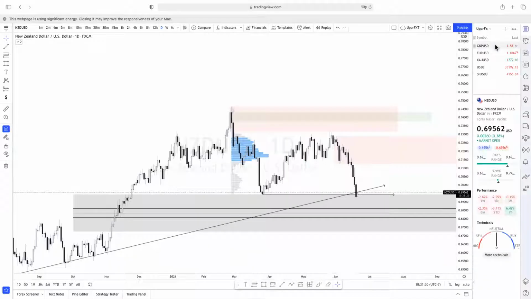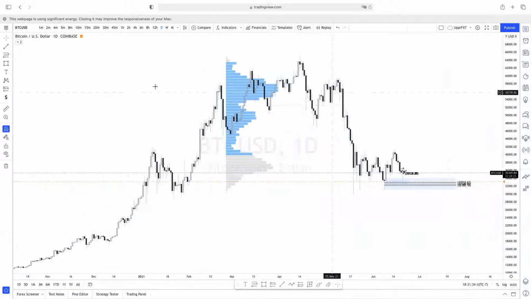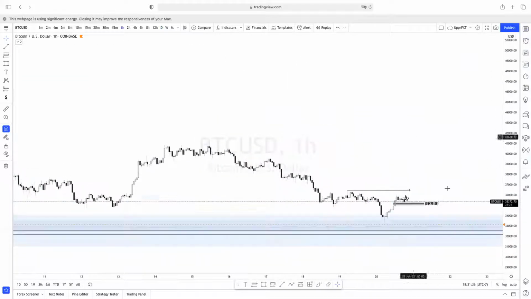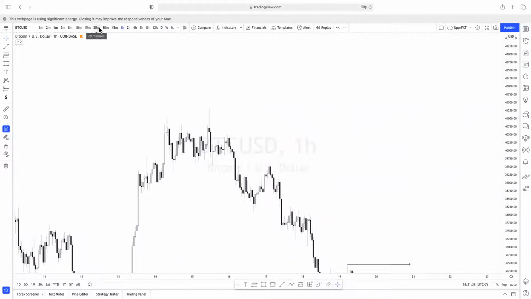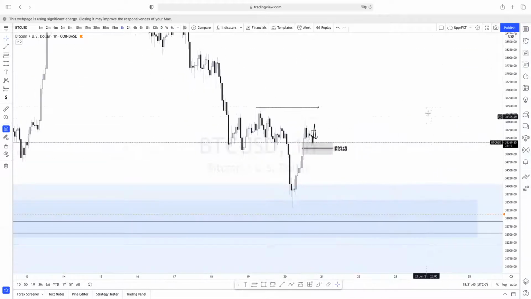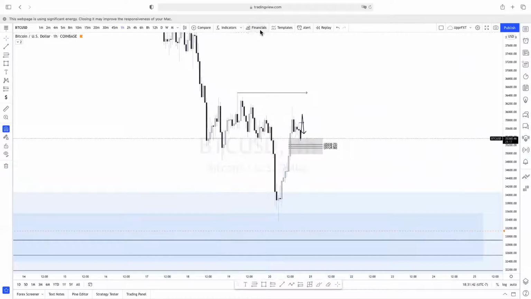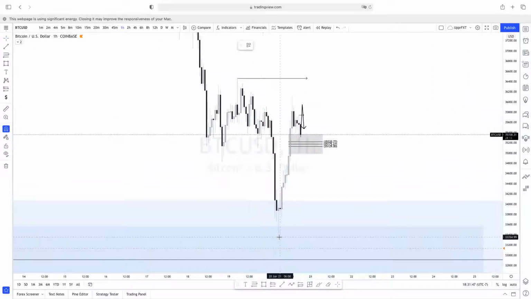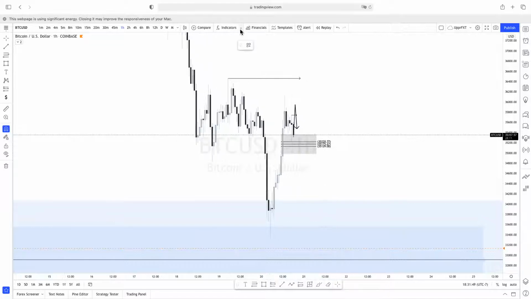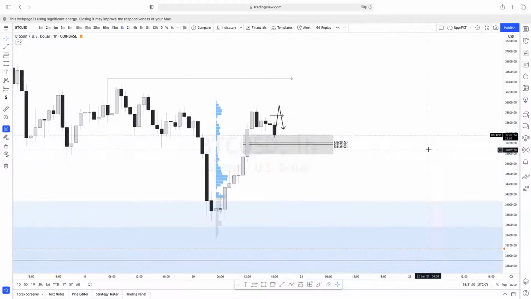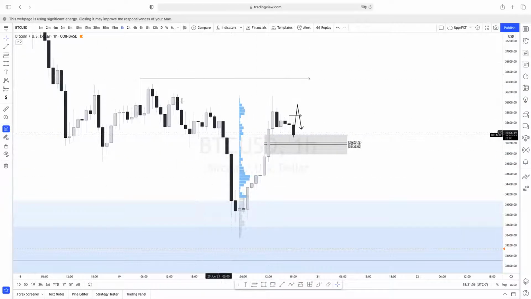And I'm going to go back to Bitcoin real quick, because not only was I targeting that imbalance on the hour, but, and this is gold, this really helped me with my trading, just in terms of understanding where price may want to be mitigated. So I use the fixed range. You can use it on impulses.